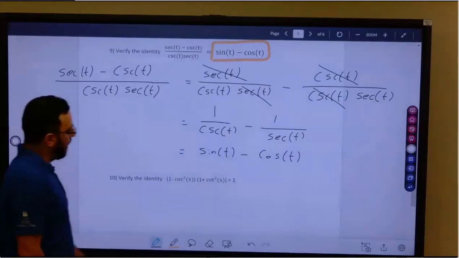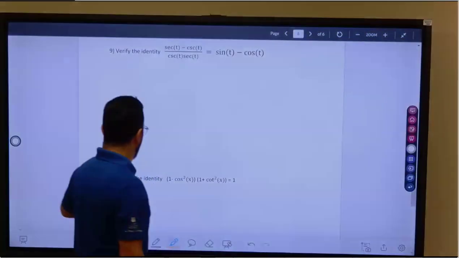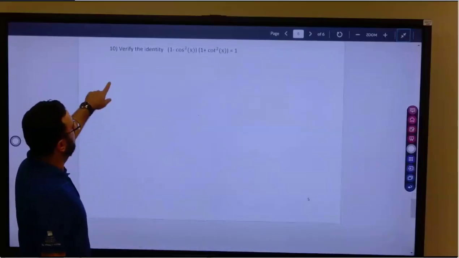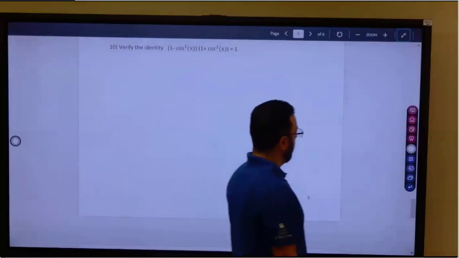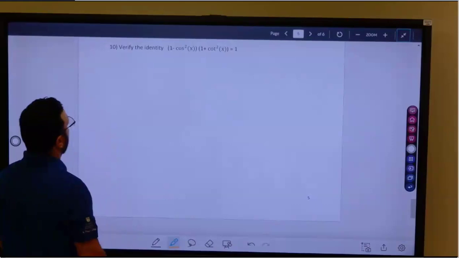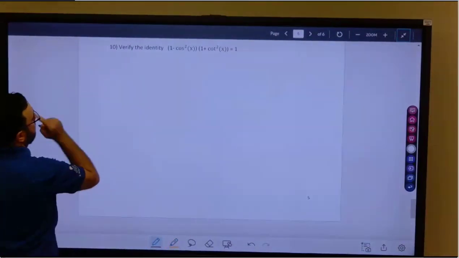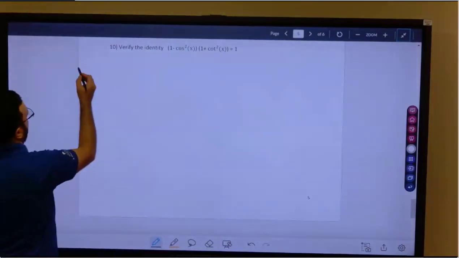Let's go to the next problem. We need to prove this identity. Let's take the left side, and we need to prove it equals 1, which is the right side.